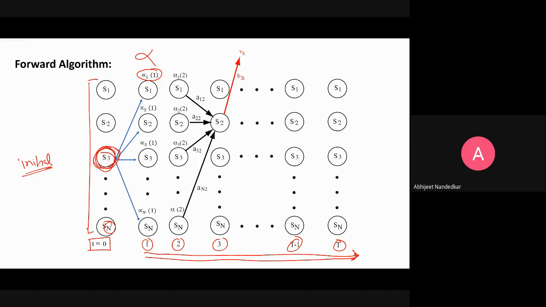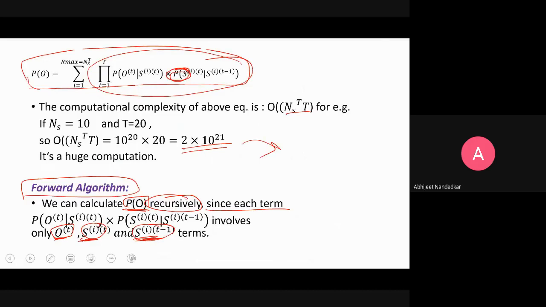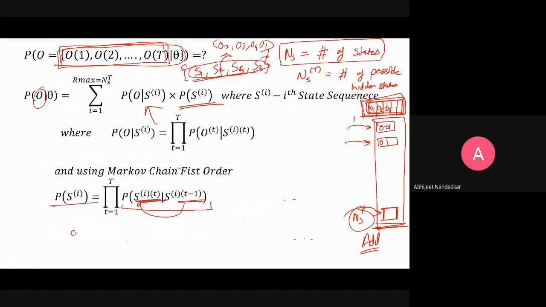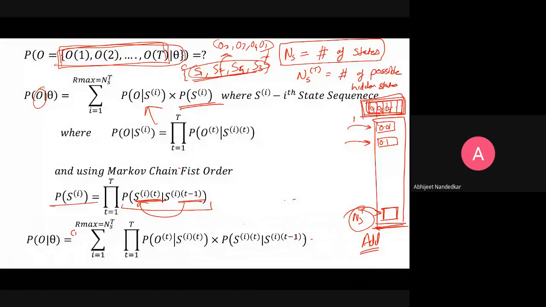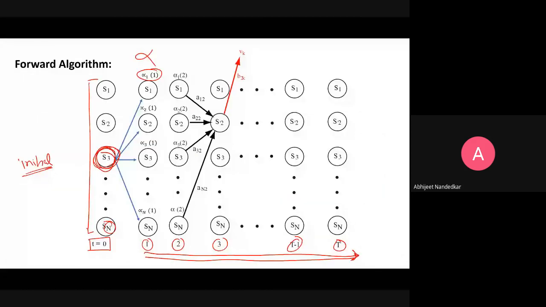Alpha 1,2 here is for time step number 2 and state number 1. This alpha n,2 stands for state n and time step 2. We calculate this alpha based on the previous time step.